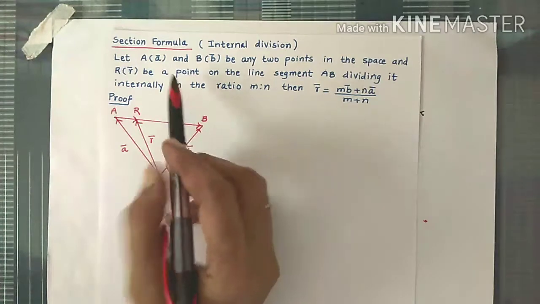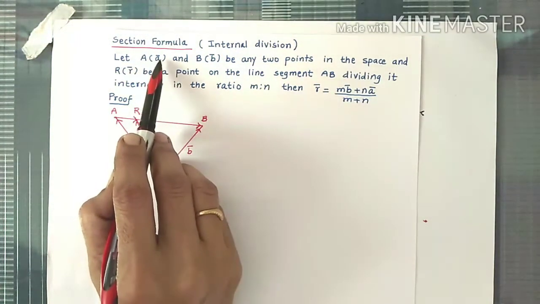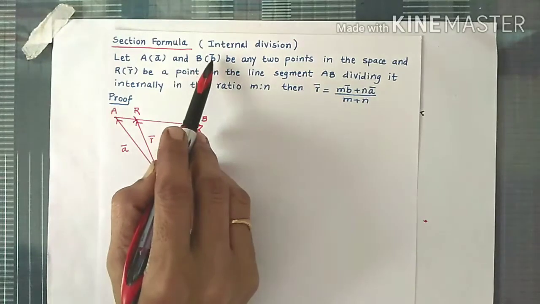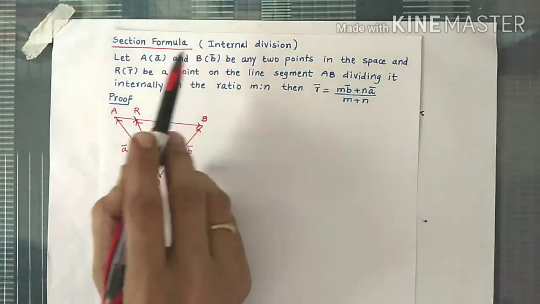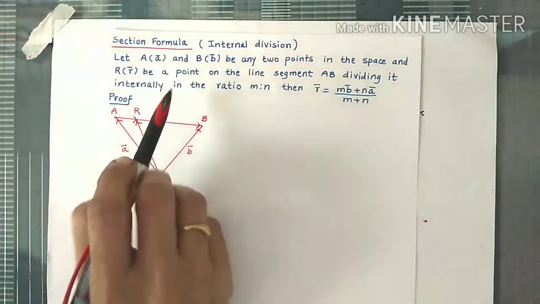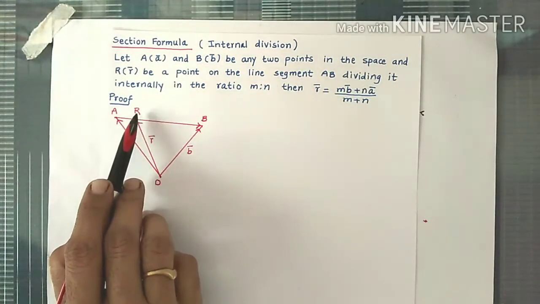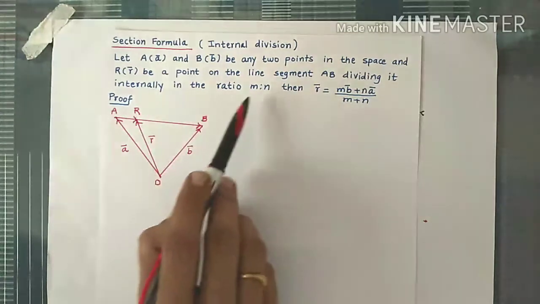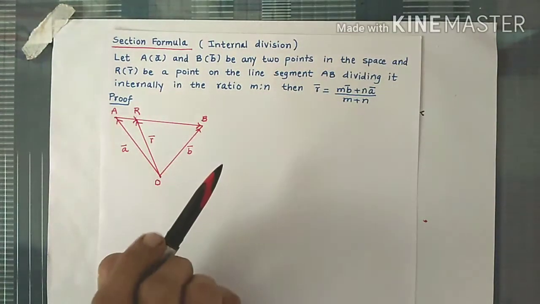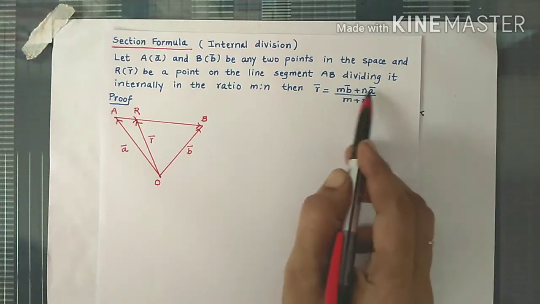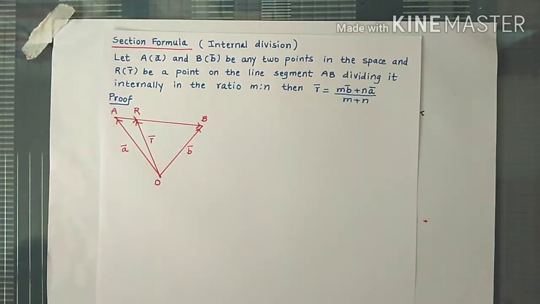See here. Here we have A having position vector a bar and B is having position vector b bar. These two are endpoints of line segment AB, and point R divides AB internally in the ratio m as to n. Then we have R bar as mb bar plus na bar upon m plus n.